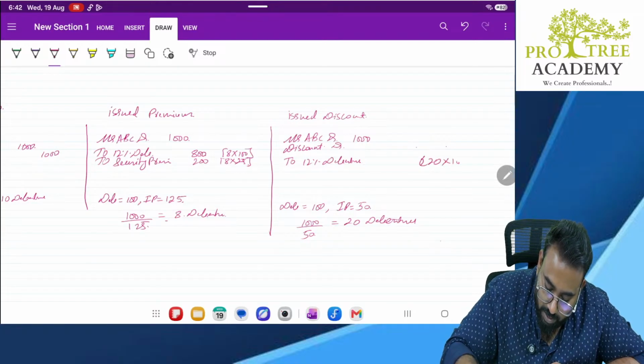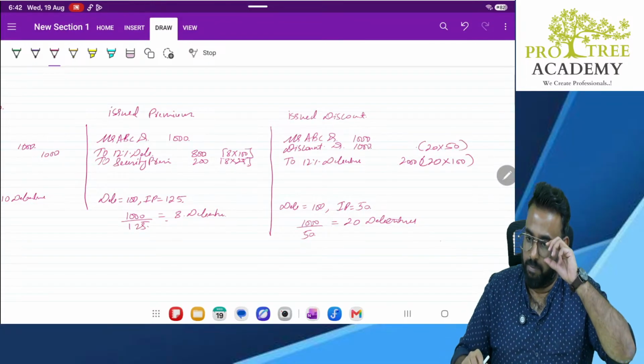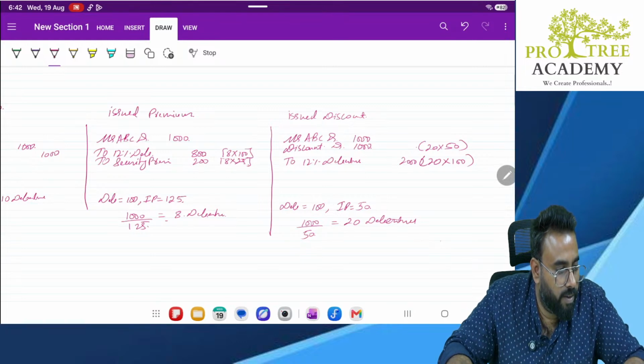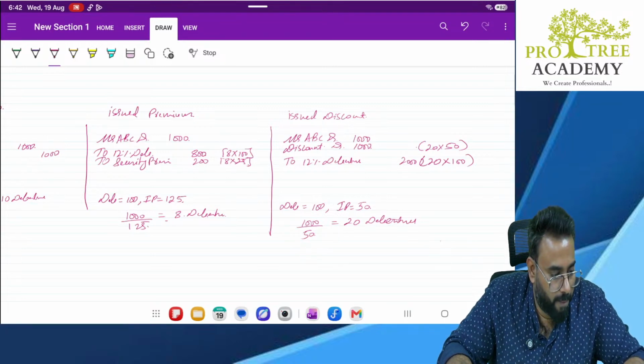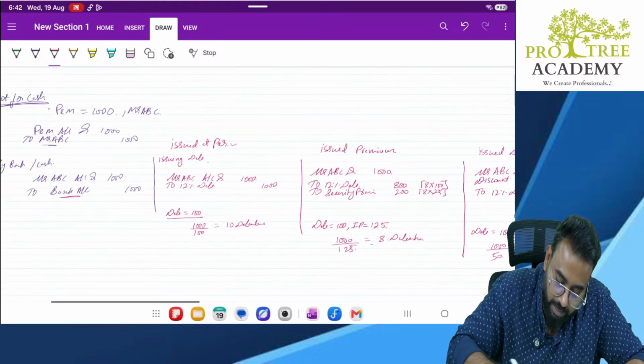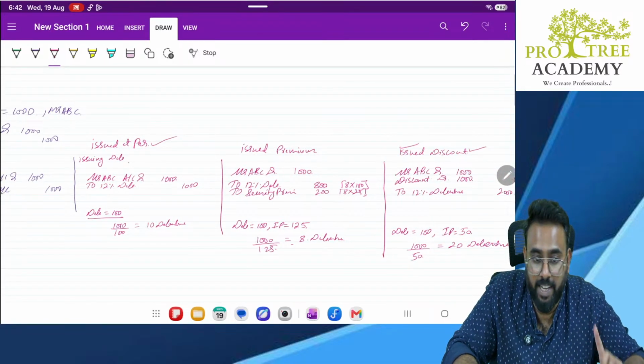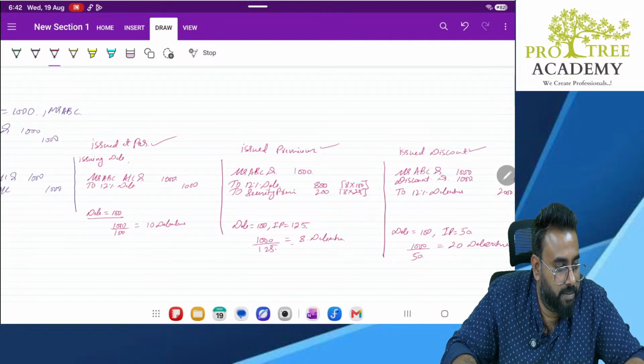Twenty debentures into 100, 2000. Here, 20 debentures into 50 rupees, 1000. Clear? Okay, done. So that is your issued at par, issued at premium, and issued at discount for consideration other than cash. Clear? Okay.